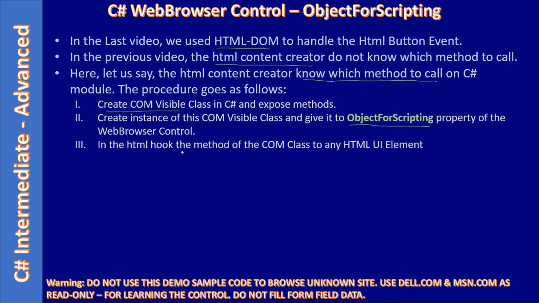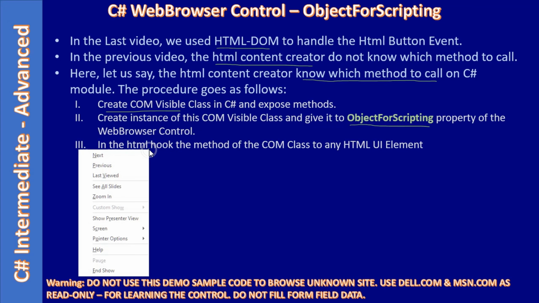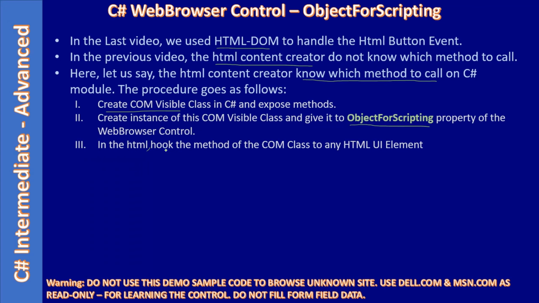In the HTML, hook the method of the COM class to any HTML UI element. Since object for scripting knows what the COM class is, here in the HTML we can directly make use of the method exposed by the COM class, and we can give that method to any HTML element event.